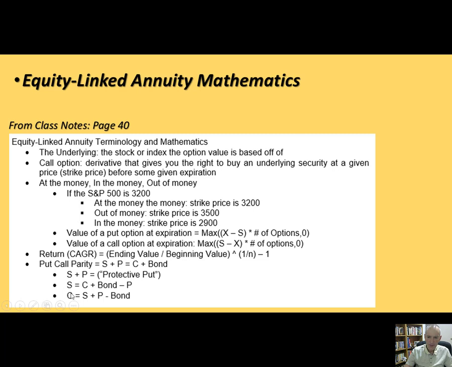So we'll see when we move all these around, the same shape. We're also going to see if we move the call, well, here, the stock plus the put, that's the same thing as a call plus the bond. This is real similar to an equity annuity as well.